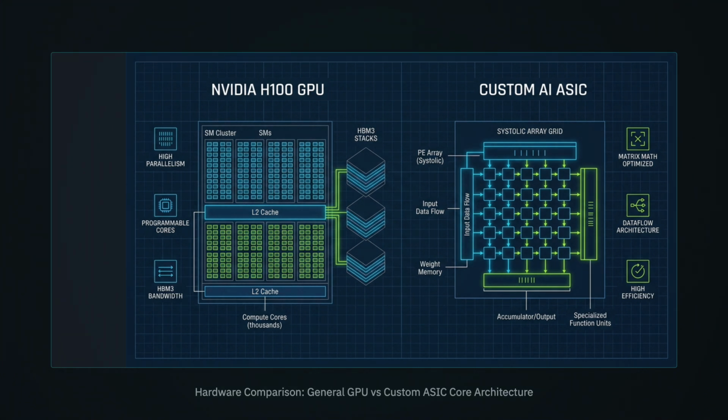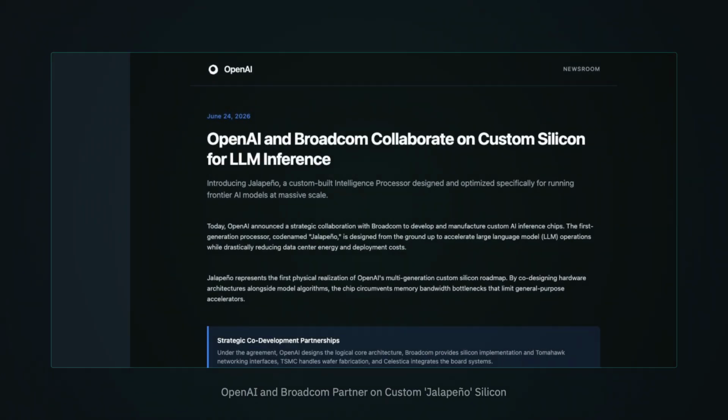If you are Meta, Google, or OpenAI running inference for hundreds of millions of users, that margin is a massive tax. You want custom chips tailored specifically for your inference workloads, stripping out everything you don't need to slash operating and energy costs.